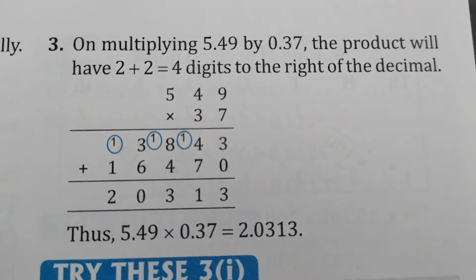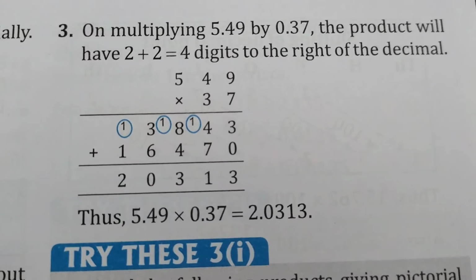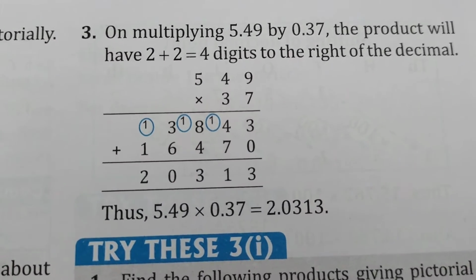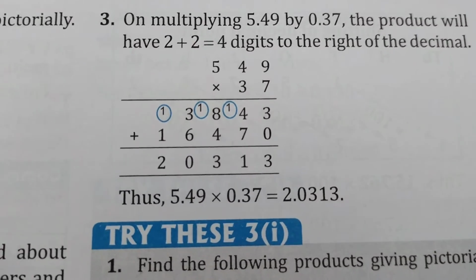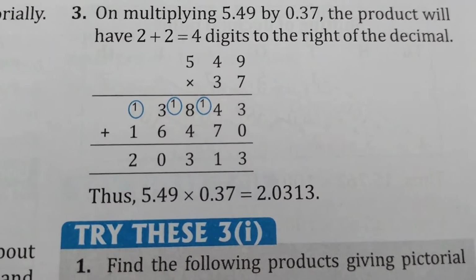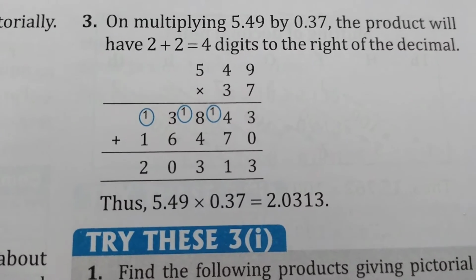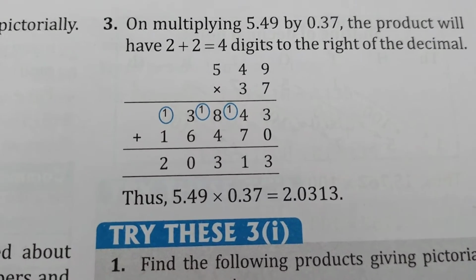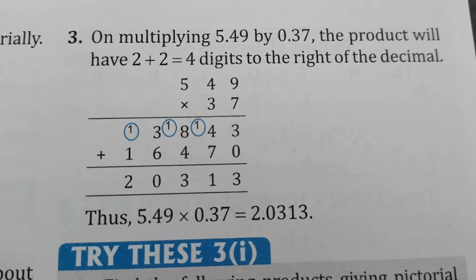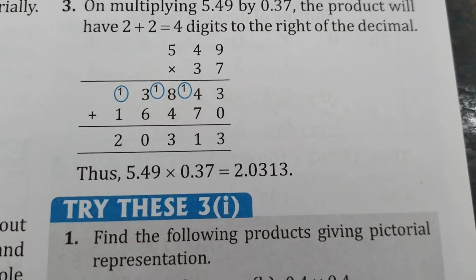See this example on multiplying 5.49 by 0.37. 549 times 37 as whole numbers we are multiplying, and finally in the product we count that many digits, total 4 digits after the decimal point. 5.49 has 2 digits and 0.37 has 2 digits after the decimal point.